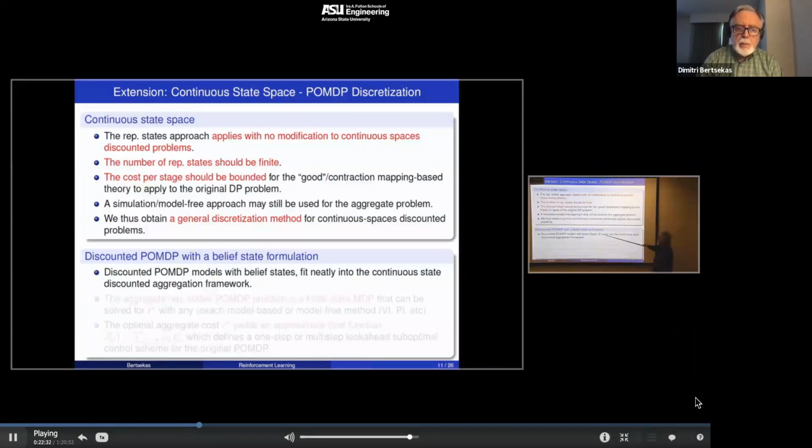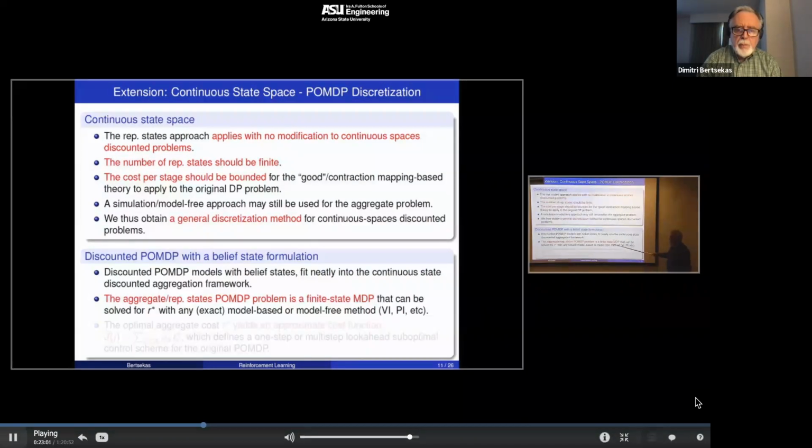However, this type of problem fits neatly into this formulation here. All we have to do is introduce representative states within the simplex of belief states, and then solve the corresponding MDP. So the partial observation is lost within this framework.